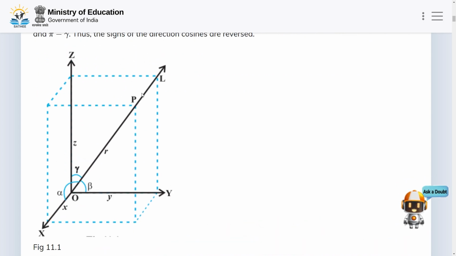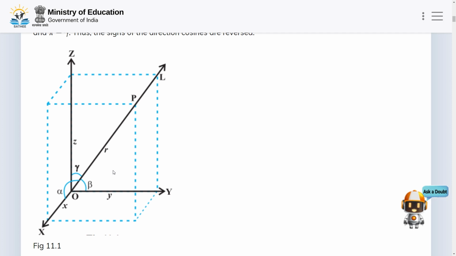As you can see here, this is your 3D space. With the x-axis you have the angle alpha, with the y-axis you have the angle beta, and with the z-axis you have the angle gamma.